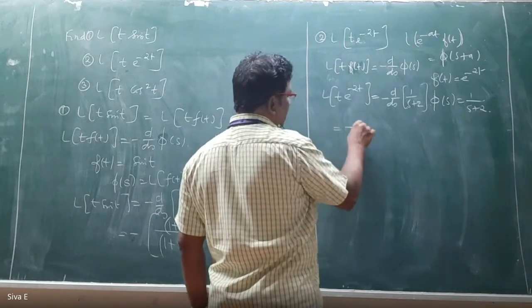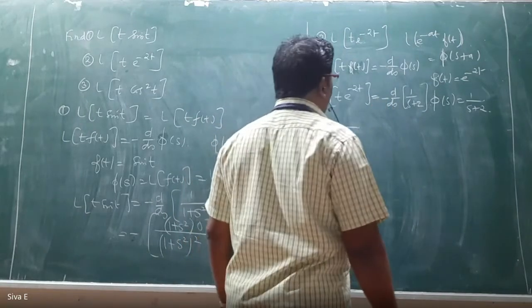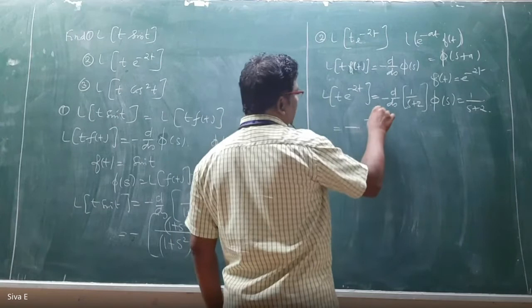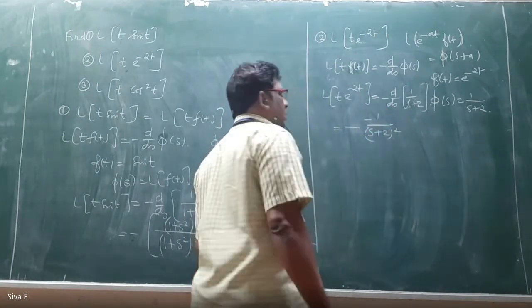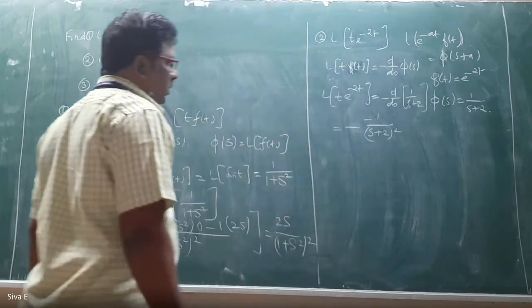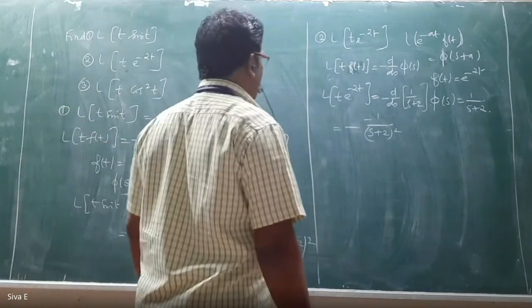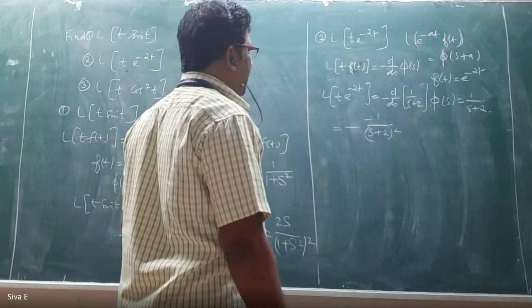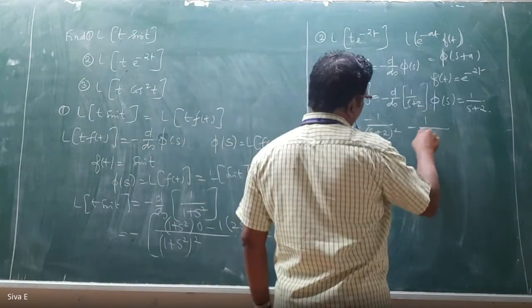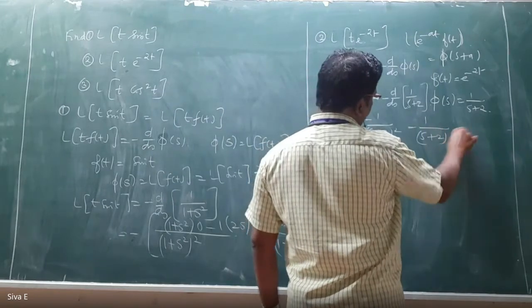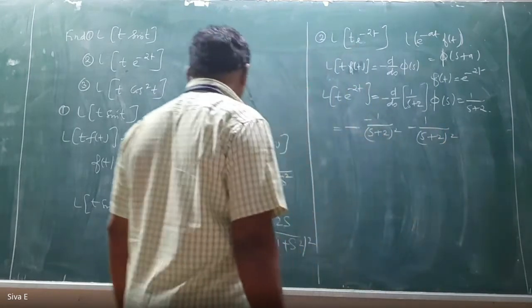Therefore, keep it minus here, minus 1 by s plus 2 whole square. It is like 1 by x, derivative minus 1 by x square. So already minus minus is there, plus 1 by s plus 2 whole square is the answer.